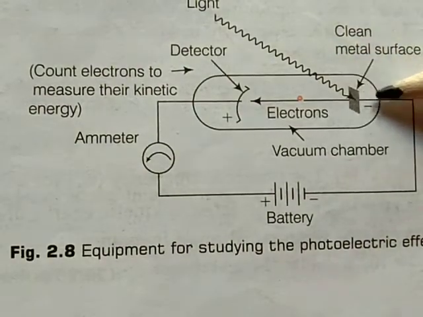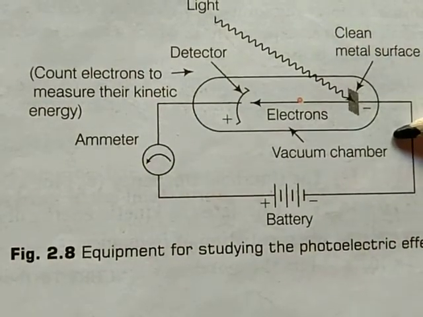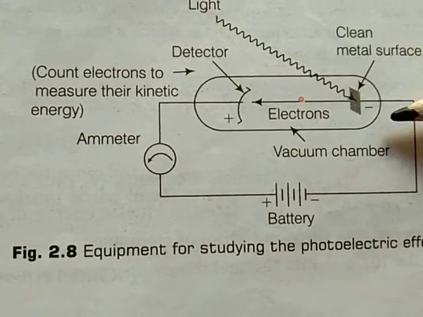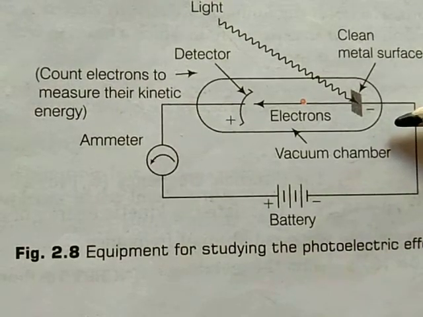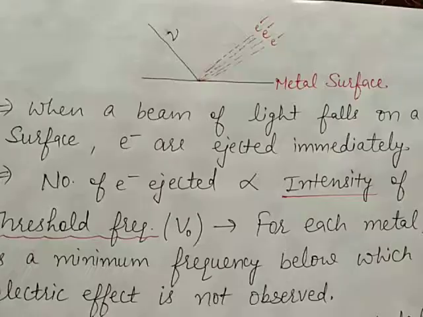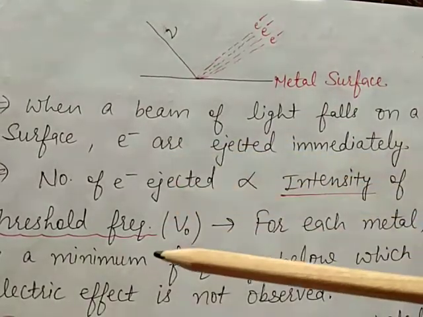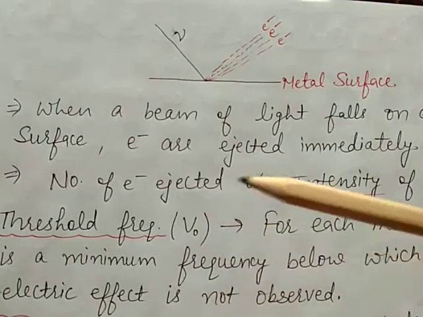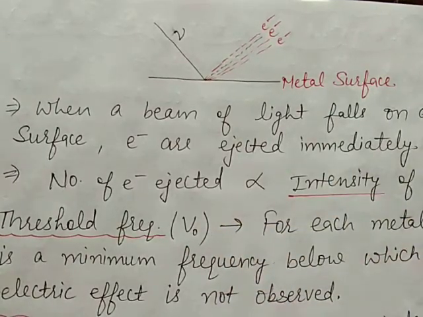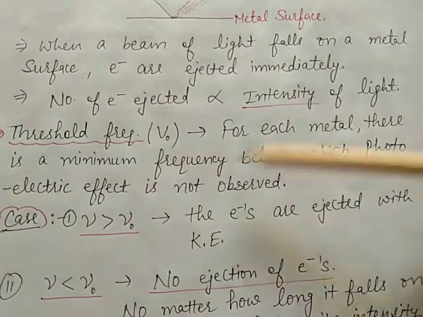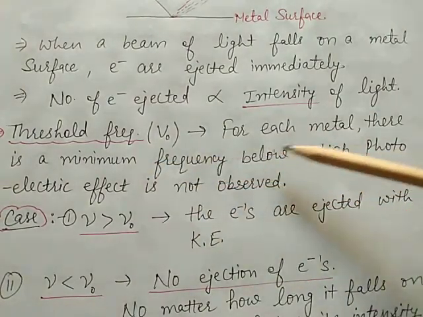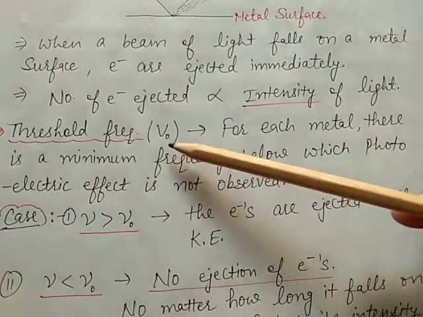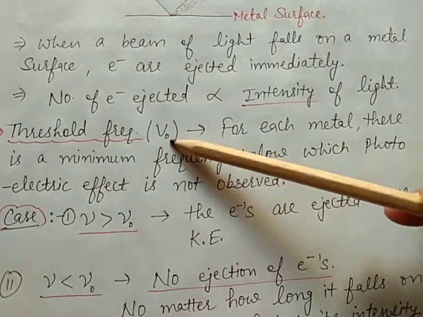This frequency is called the threshold frequency. It is denoted by nu naught.